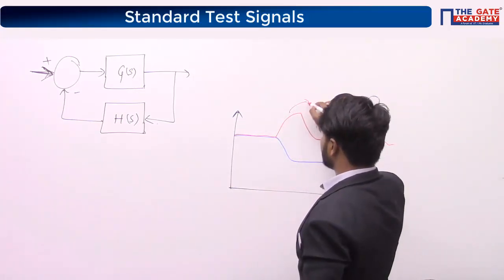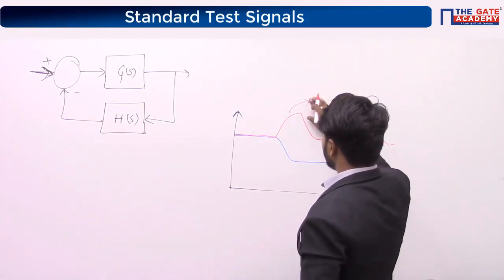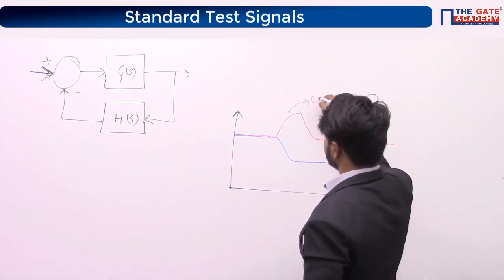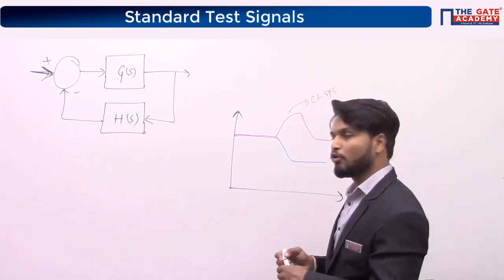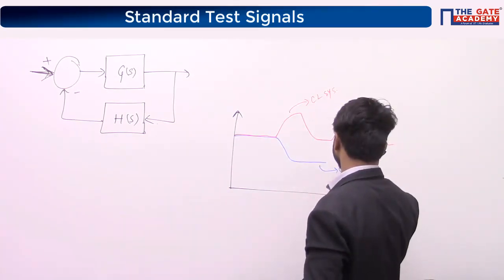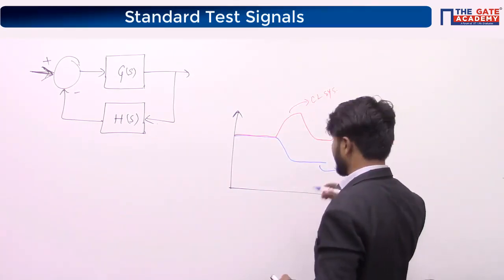So this is the response of your closed loop system, and this is the response of your open loop system, right?